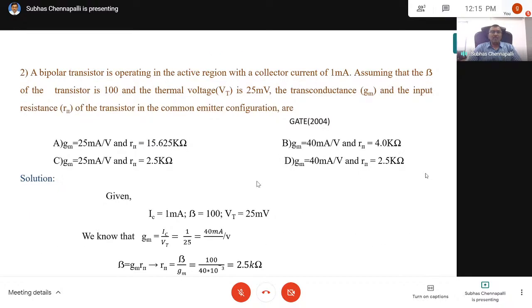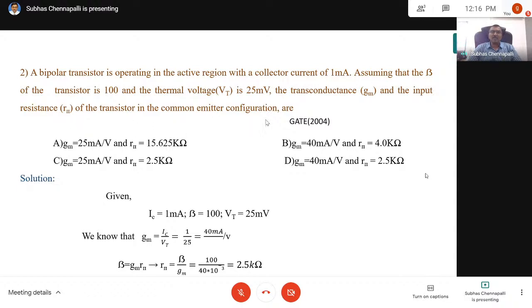Then you have a problem: a bipolar transistor is operating in the active region with a collector current of 1 milliamp. Assume that the beta of the transistor is 100 and the thermal voltage VT is 25 millivolts. Find the transconductance GM and the input resistance R pi. You have to remember the formulas for GM and R pi.